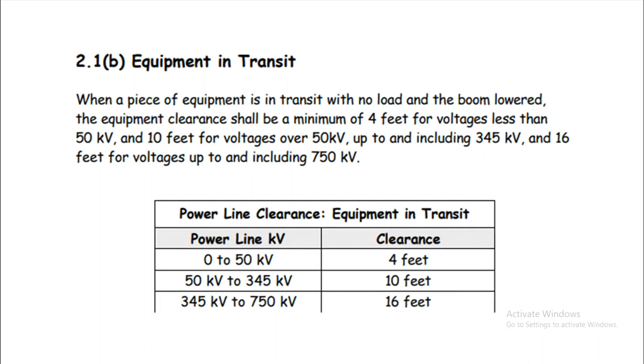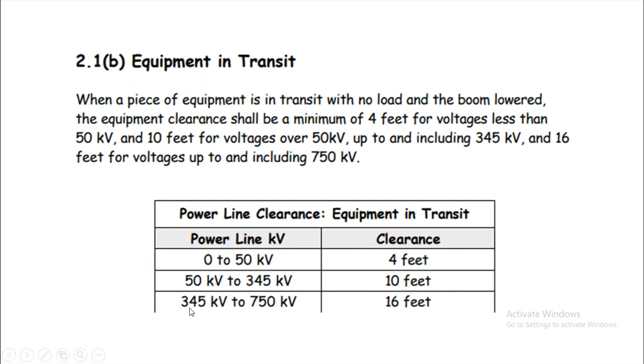So I have the tabulation below. The power line clearance for equipment in transit. Power line in kilovolts, 0 to 50 kilovolts, you should have a 4 feet clearance above, okay. 50 to 345 kilovolts, you should have 10 feet above, okay.